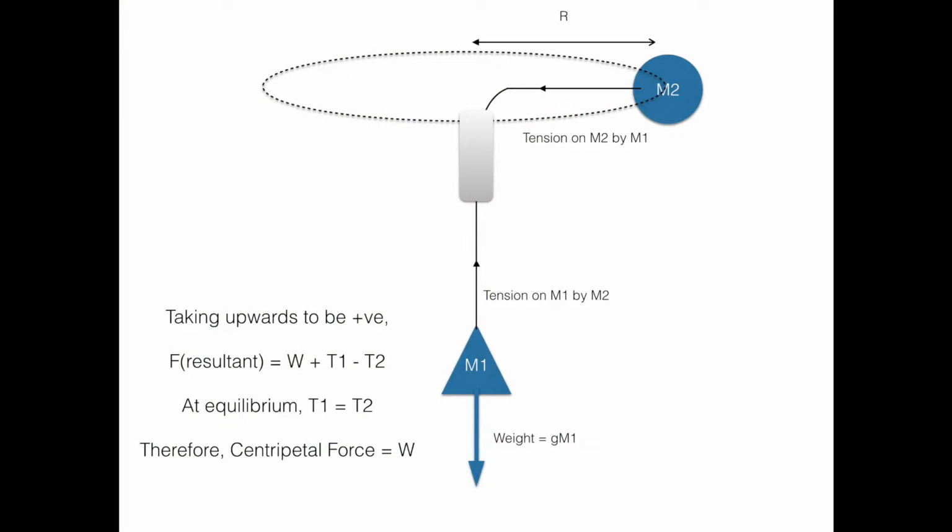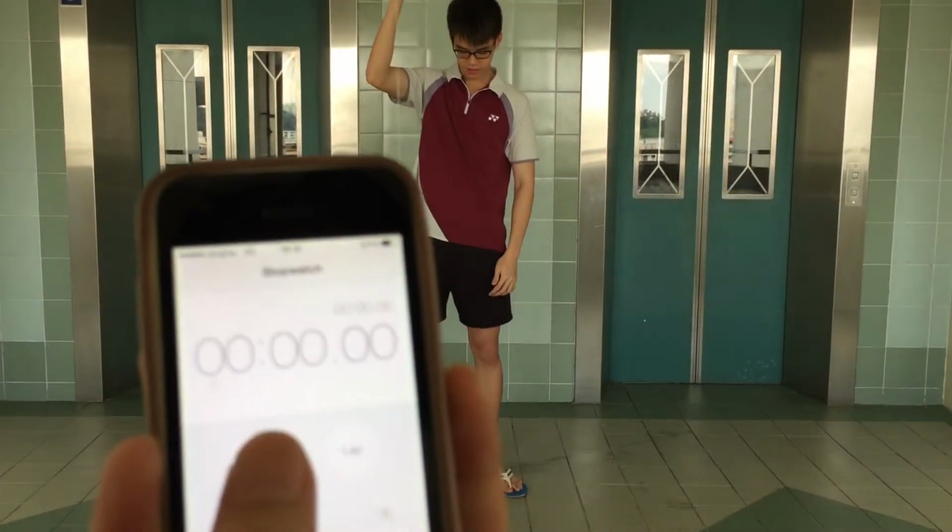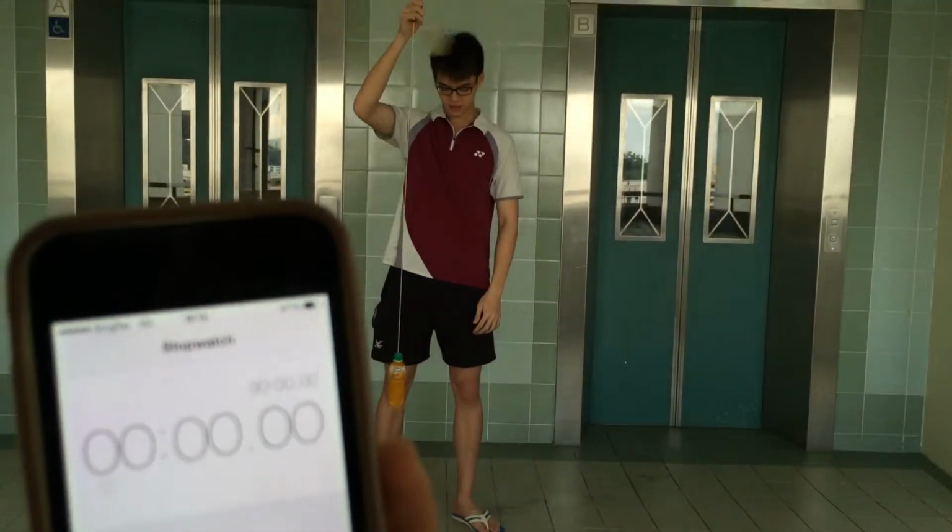Taking outwards to be positive, the resultant force will be equal to weight plus tension 1 minus tension 2. At equilibrium, tension 1 equals tension 2, therefore centripetal force equals weight. And now we'll proceed to find out the velocity required to keep M1 suspended.